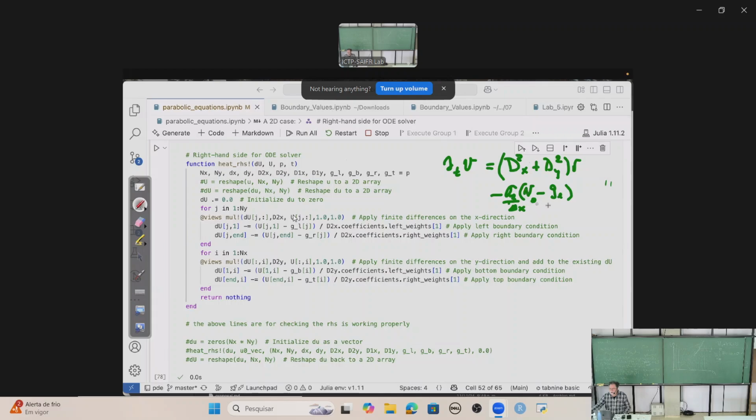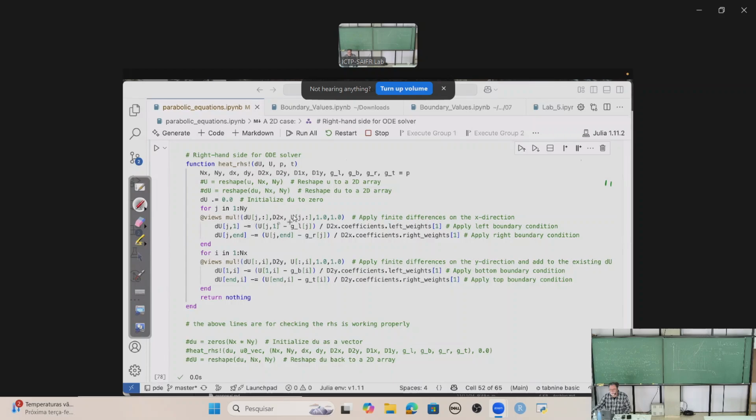But now this condition is on the whole line. This is the line x equal to 0. So we have to sum over y here. And here we have to sum over y and x. And in the other boundary condition, you have to sum the y equal. So this translates into the following. You get this here, is the multiplication operator.